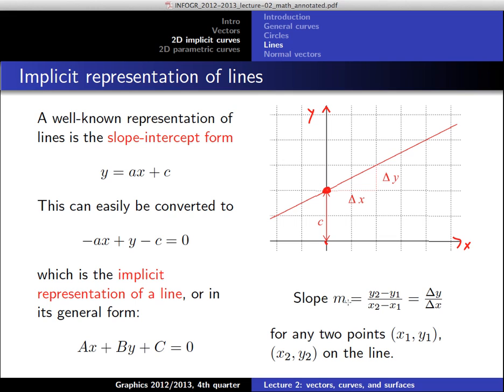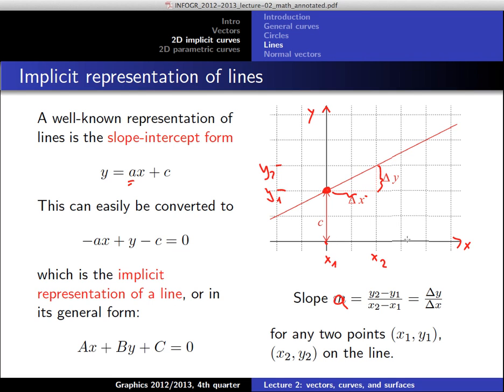Why did I write m here when it's a? That doesn't make sense. A is the slope, which is defined by how far we have to go up, depending on how far we go to the right. So if we take two points here, x1, y1, and x2, y2, then we take the difference, usually denoted by delta, divide them by each other, and we get the slope of this line.